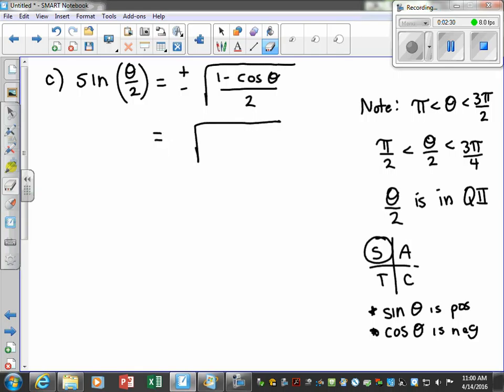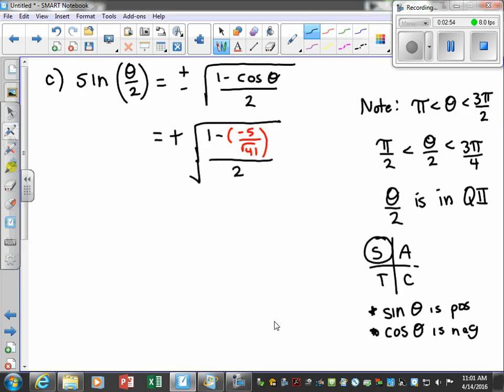So at the very end, I can make a note that I'm only going to be working with the positive of this answer. Now 1 minus our cosine of theta, pulled from the previous page, is negative 5 over the square root of 41. Just going to put that in red. Then over 2 for our original formula.